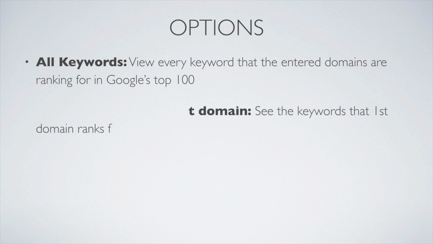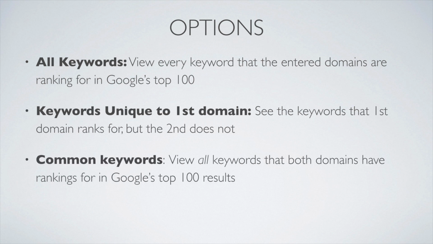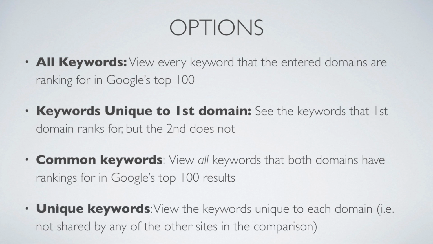Keywords unique to the first domain, where you can see the keywords that the first domain ranks for but the second does not rank for. Common keywords, which is where you view all the keywords that both domains have rankings for in Google's top 100 results. And finally, unique keywords, where you can view the keywords that are unique to each domain and not shared by any of the other sites in the comparison.